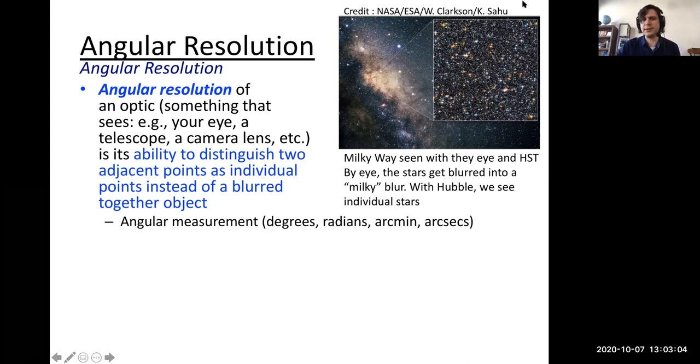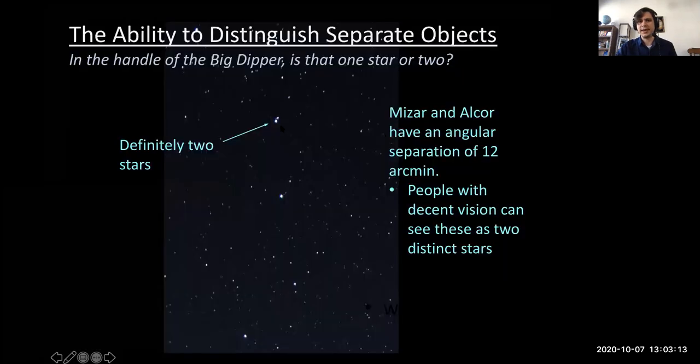Do you see a milky blur, or do you see all the points of light that are individual stars? Do you see a single star in the handle of the Big Dipper, or can you resolve and see Mizar and Alcor as two separate distinct objects?